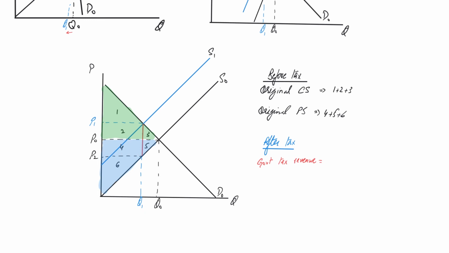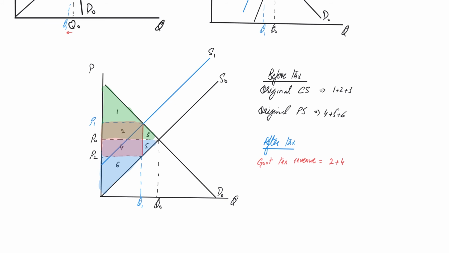So area 2 and 4 is gone now. Okay, area 2 and 4 has gone to the government. Some from consumer, some from producer, depending on elasticity. It depends who's taking more of a chunk. Over here the burdens are exactly the same.